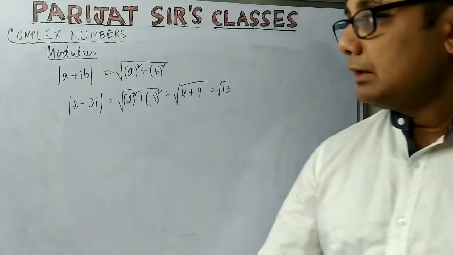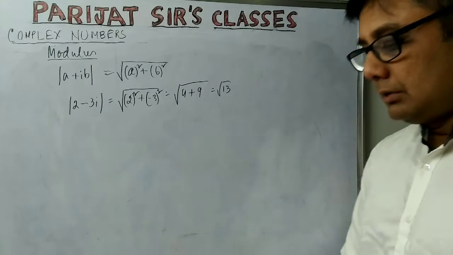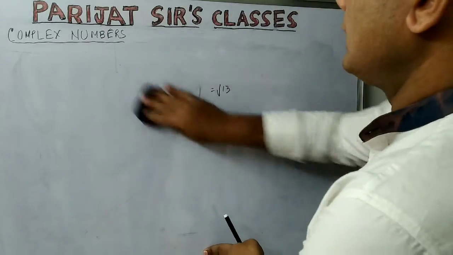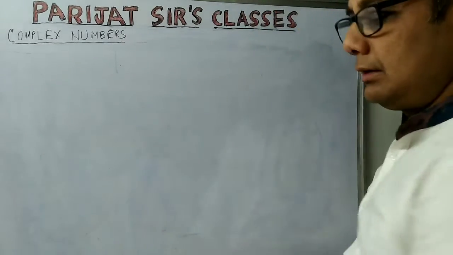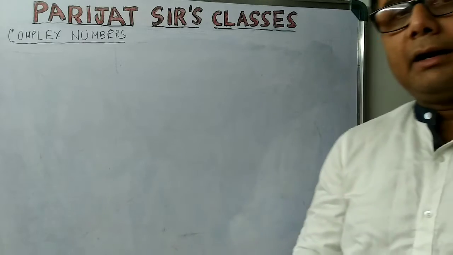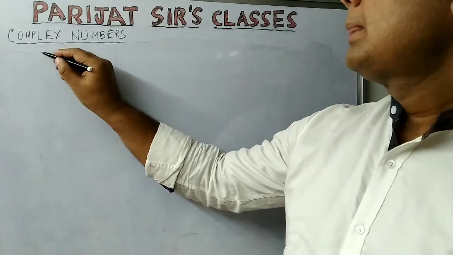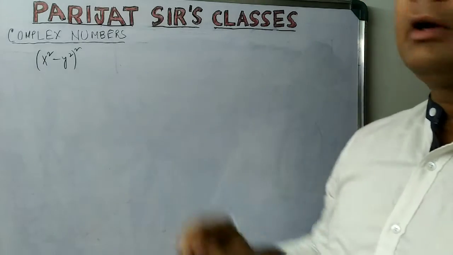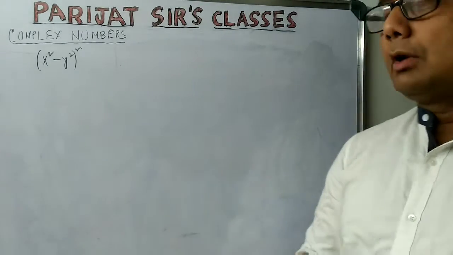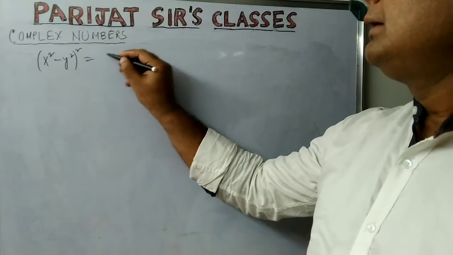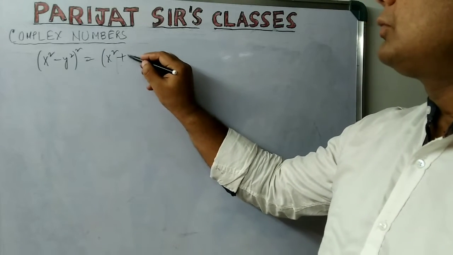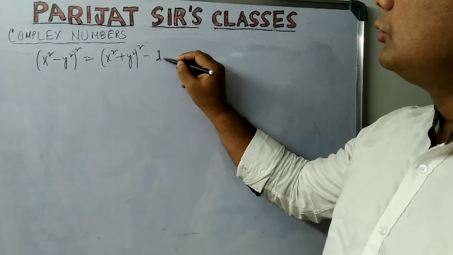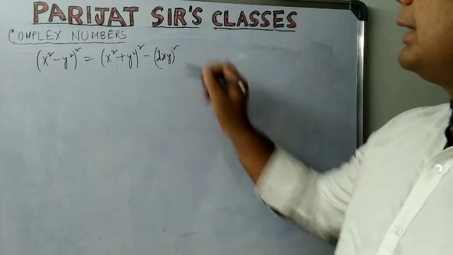Next, after modulus, we will see how to find the square root of a complex number. I want to show you how to find the square root of a complex number. Before that, friends, just keep in mind that x square minus y square. I hope this is a class 9 or 10 formula, so you already remember it. X square minus y square, I can write it as x square plus y square whole square minus 4, this is 2xy whole square.